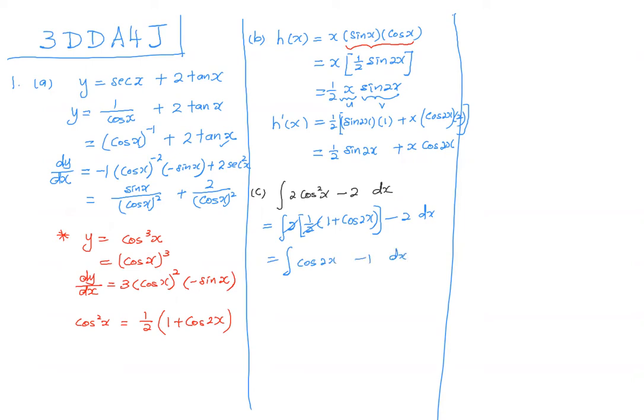When you integrate cos 2x, you get sin 2x, and you have to divide by 2. You integrate 1, you get x. Then you plus c. Okay? Are you fine? Yes, Miss.